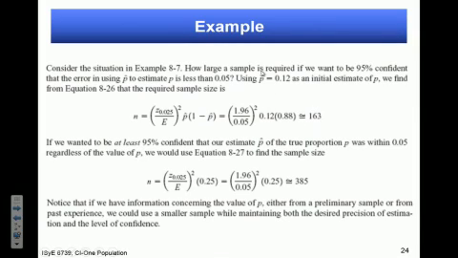Okay? If we do not use this initial estimate, I'm going to use 0.25 instead of this guy as a variance because it maximizes n, and your n is 385. And as you can see, definitely this gives you a tighter confidence interval compared to 163. Is it clear? Any questions?